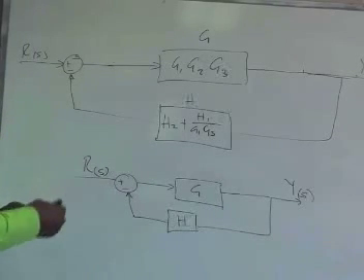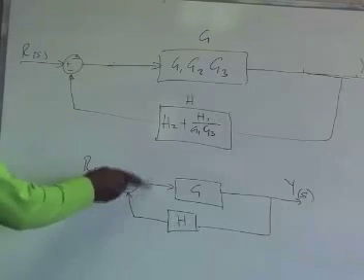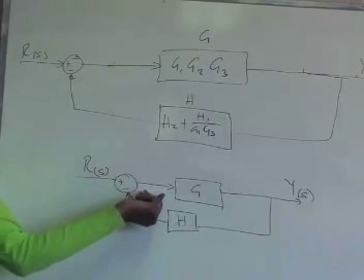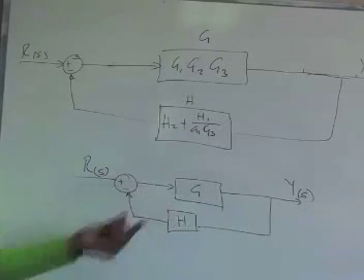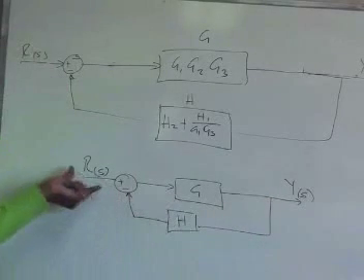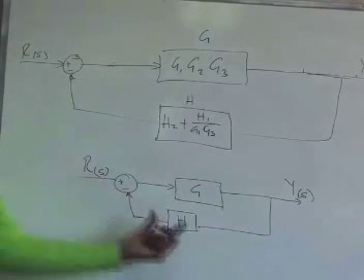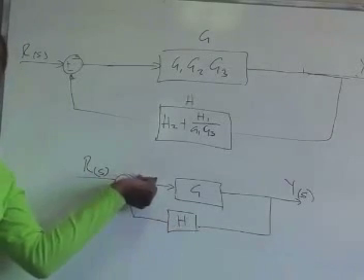If you have a system like this, the reading that you take here, we call that the error. What is the error? We are comparing the output and the input through our feedback. Then the reading here, that's your error.